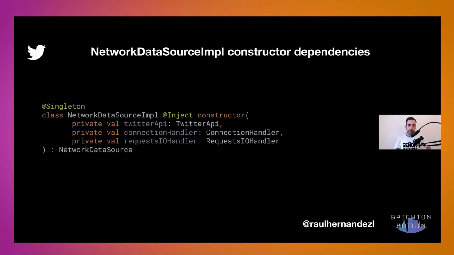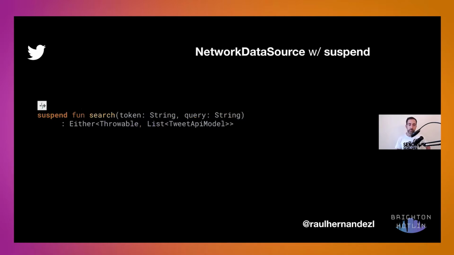I use dependency injection here by having the Twitter API, that is just a client for getting some responses, something to check if there is internet, something to manipulate the different requests and responses. And then the function that I have right there is just a search function that is a suspend function, non-blocking, and also going to be authenticated, passing a query of interest. And then I will process that.